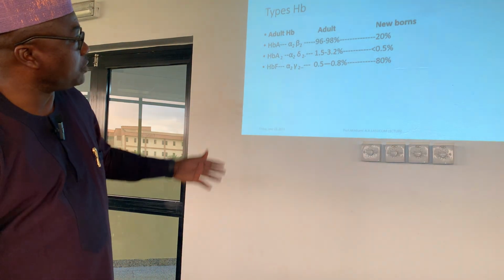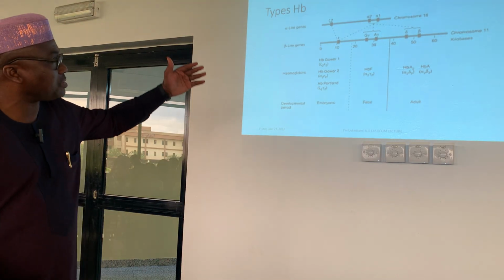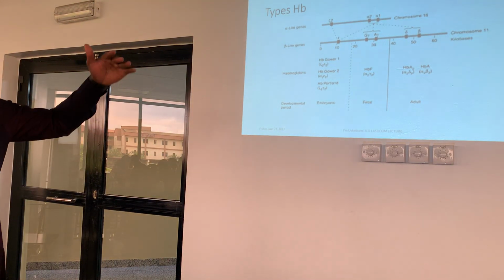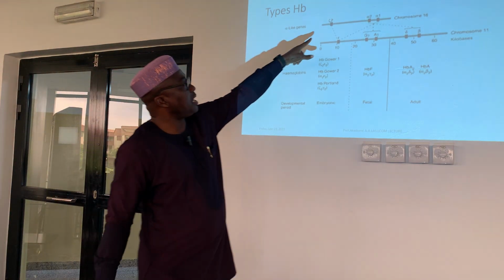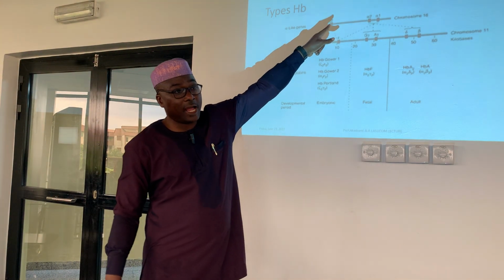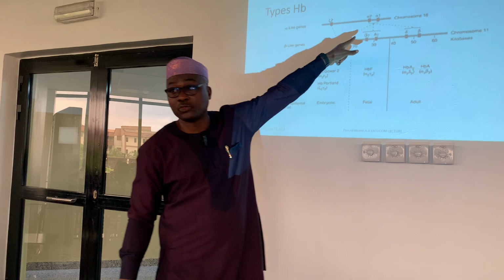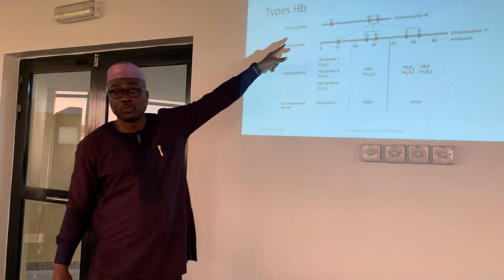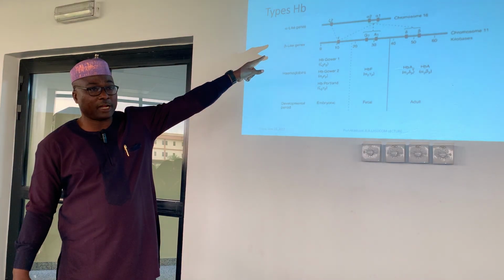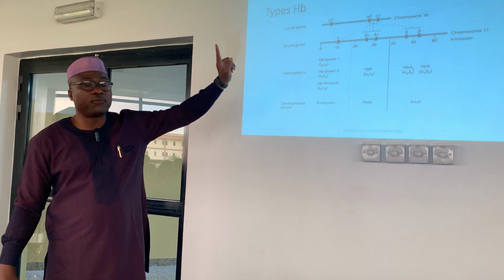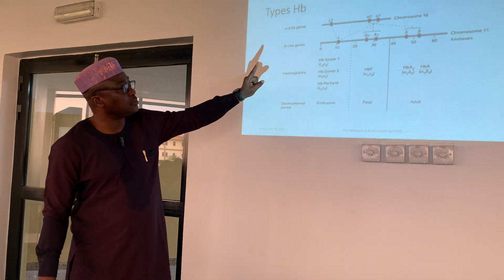So this is like I was trying to say. This is the chromosomal level. You have the alpha, you can see chromosome 16. It has zeta 2. So that's the alpha, and then alpha 1 and alpha 2 are located on chromosome 16. How many amino acids do you have on alpha and alpha-like? 141.